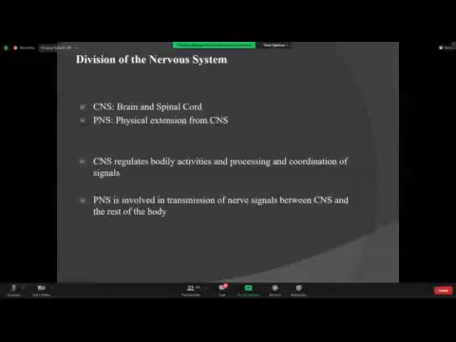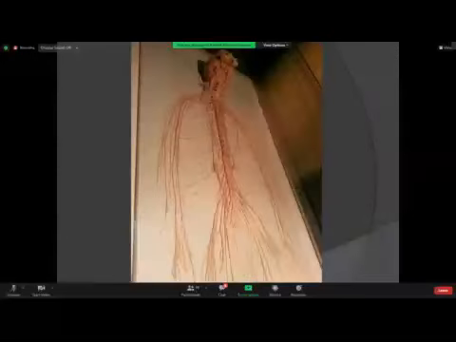We'll discuss how they interact, how they are formed, and the function that each of them specifically plays in regulating body activities, processing and coordinating signals, and then responding to the required stimulus and the environment in general.